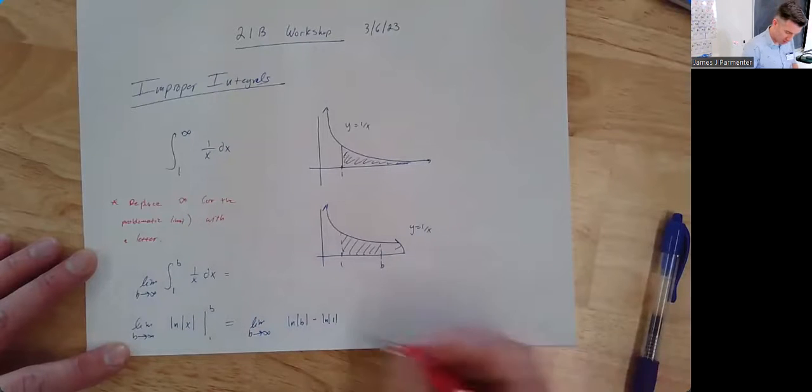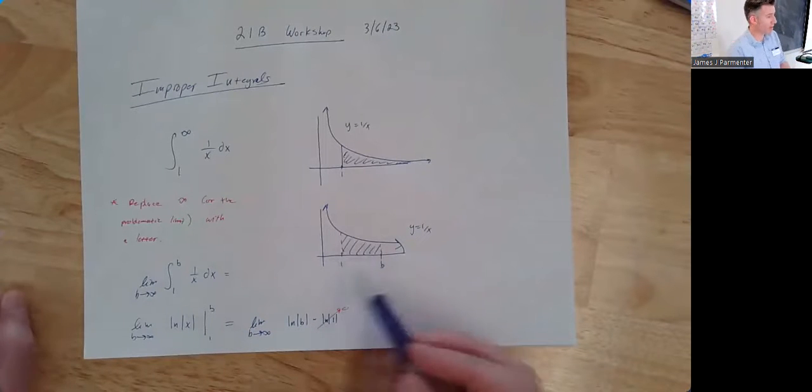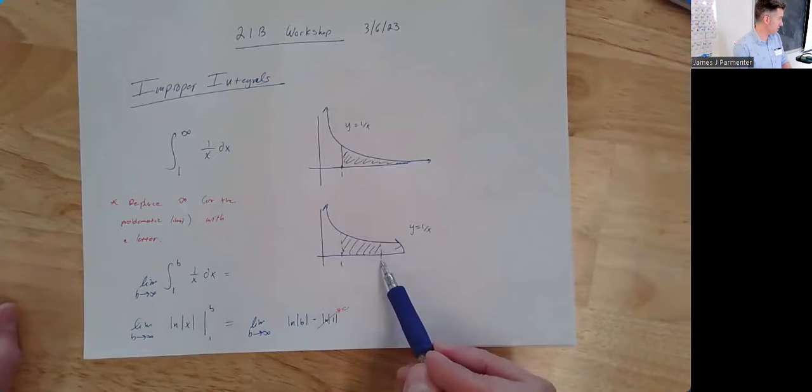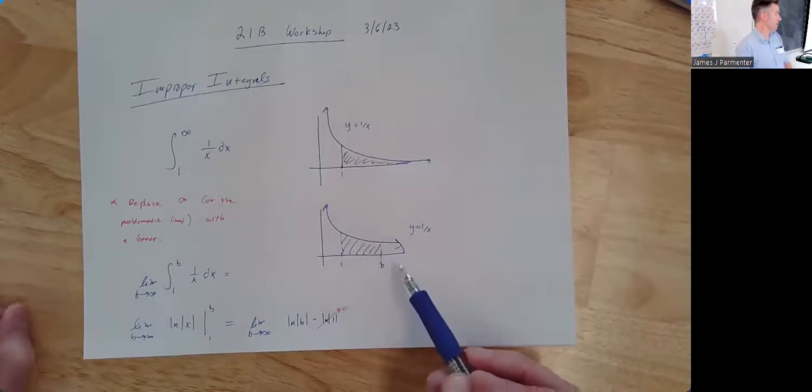And that's just 0. I will point out, before we take the limit, the area under the curve is the natural log of whatever b is. So from 1 to e, the area is 1. If you go from 1 to e squared, the area is 2.